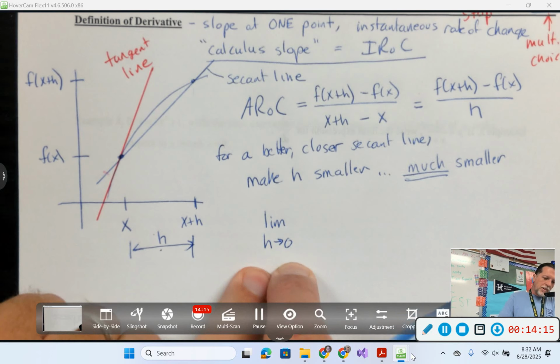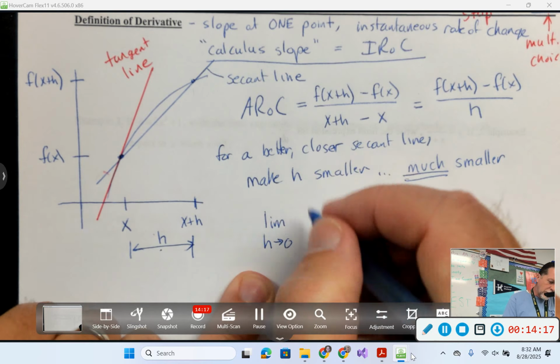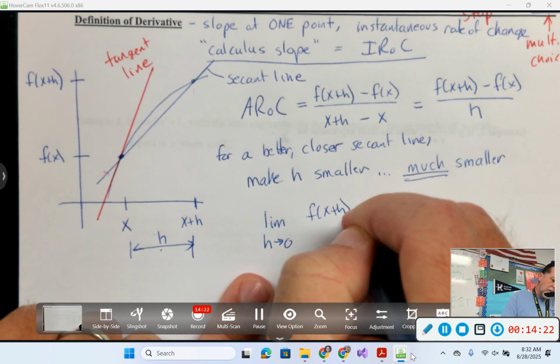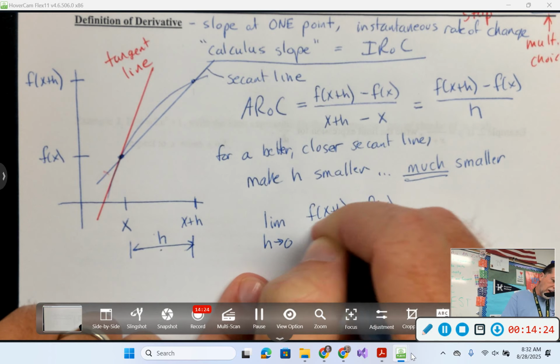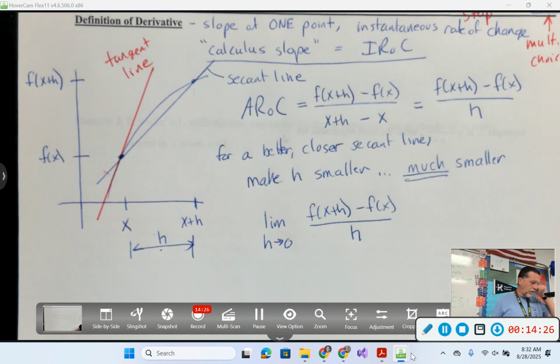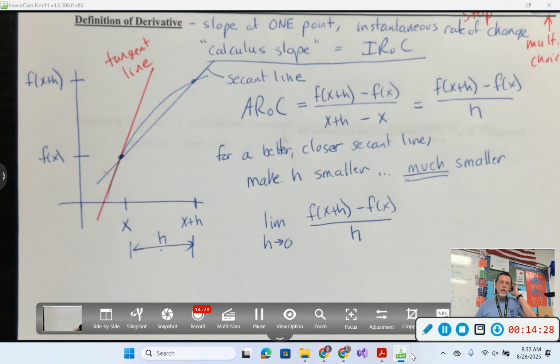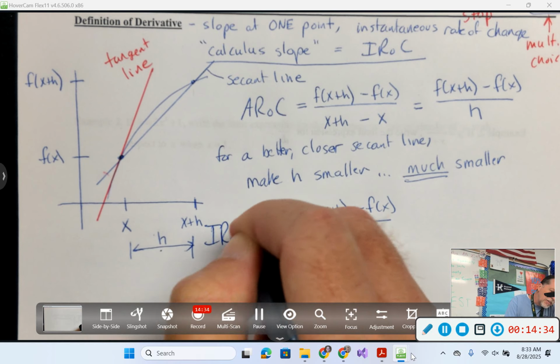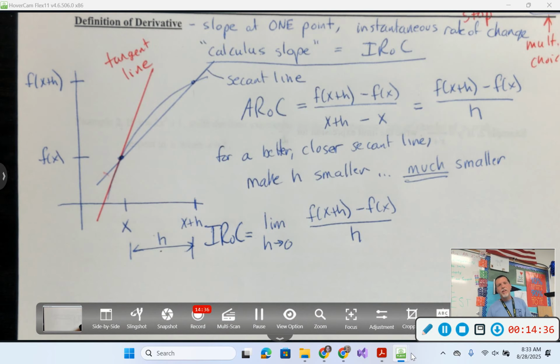That would force my secant line to become my tangent line. So I want the limit as h goes to 0 of the algebra slope: f of x plus h minus f of x all over h. If I did that, then all of a sudden I've discovered my instantaneous rate of change. That is the instantaneous slope if I squished h all the way down to nothing.